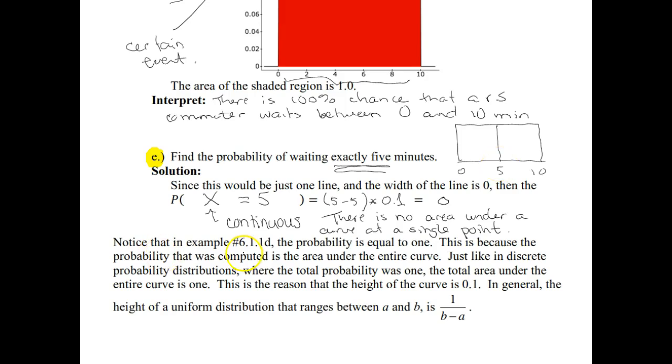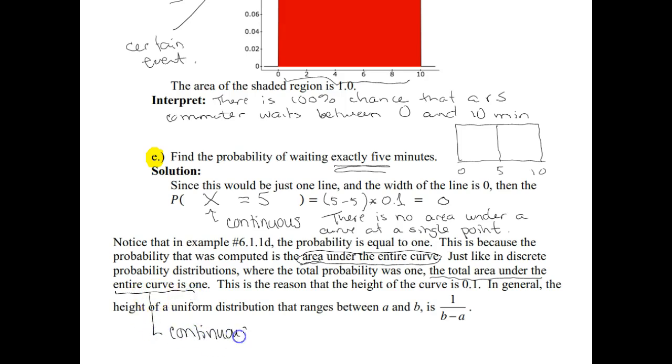So notice that in example 6.1.1.d, the probability is equal to 1. Okay, this is because the probability that was computed is the area under the entire curve. Okay, and for probability distributions, that has to always be 1. So just like in discrete probability distributions where the total probability was 1, the total area under the entire curve is 1 for continuous distributions.